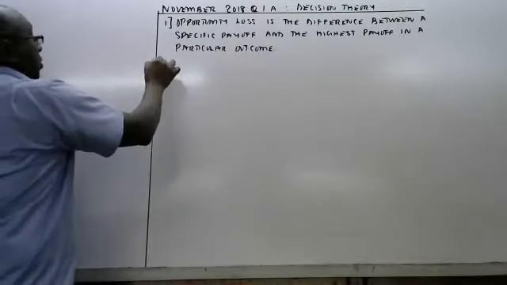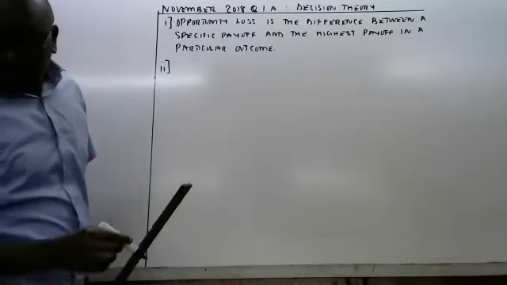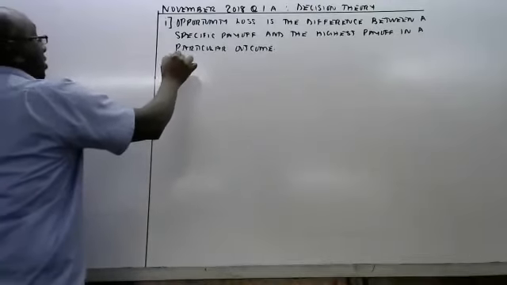Then, number 2, we are told to define the expected value of perfect information.